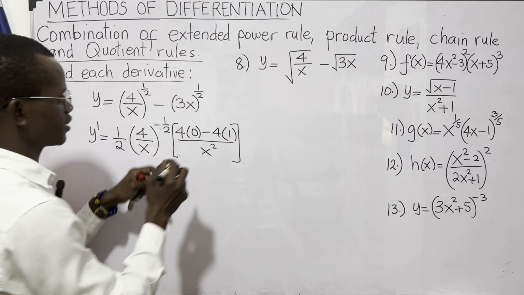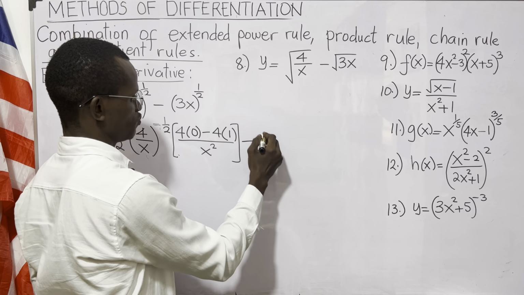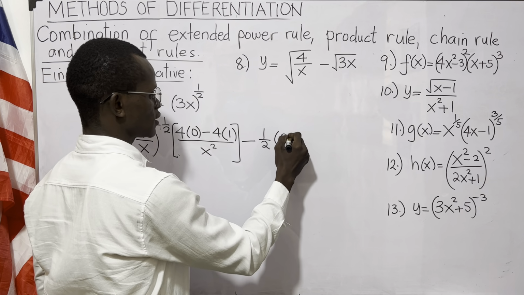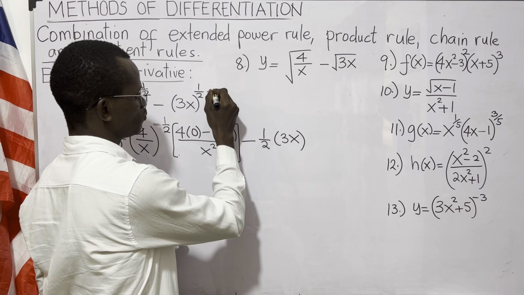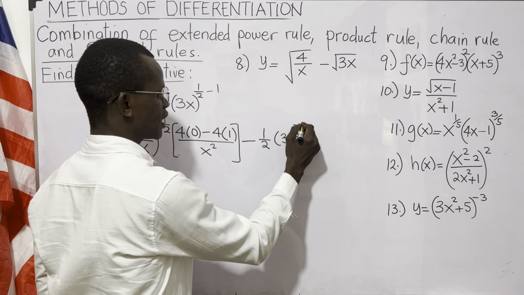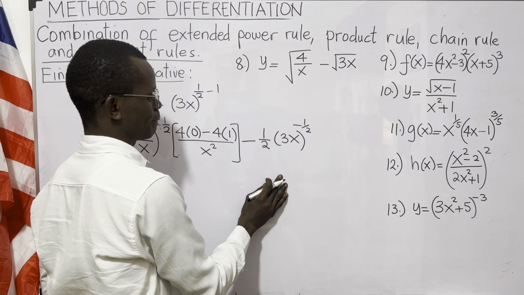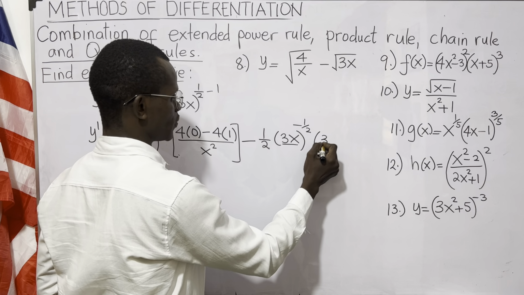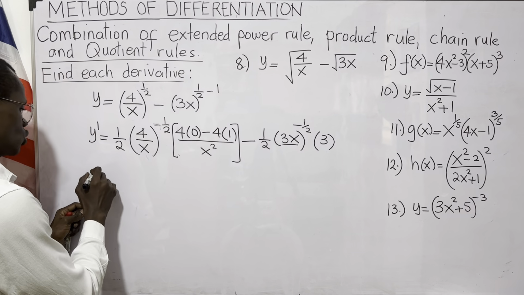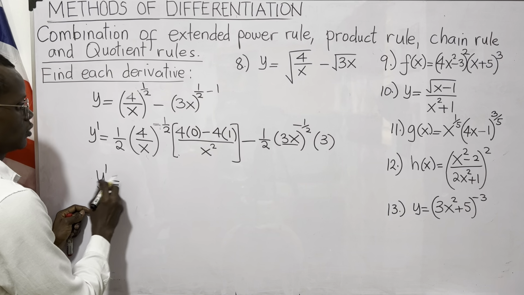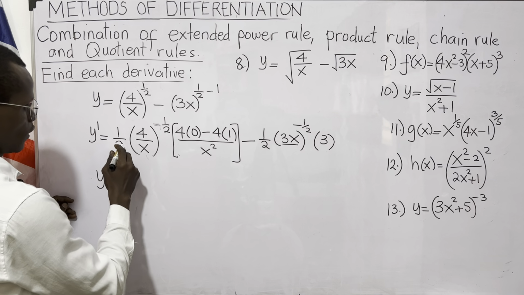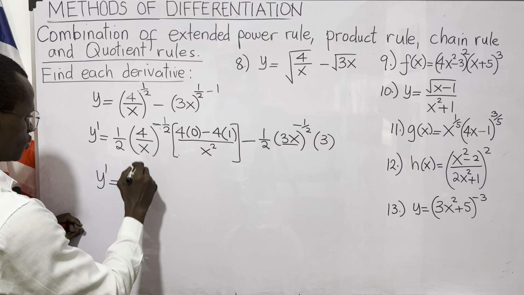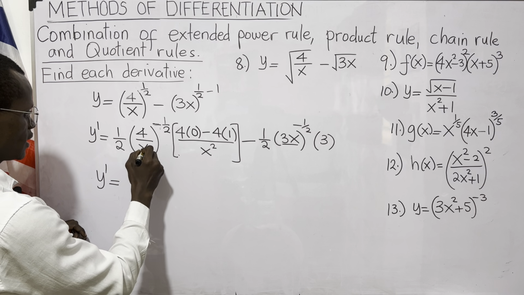We'll move to this second term. Minus, drop the power 1 over 2, 3x, subtract 1 from the power, you subtract 1 from half, you get negative half, right? Then you differentiate inside. The derivative of 3x is just 3. So y prime now, you have to simplify. Because it is negative, you can reciprocate. So this gives you this x going up.